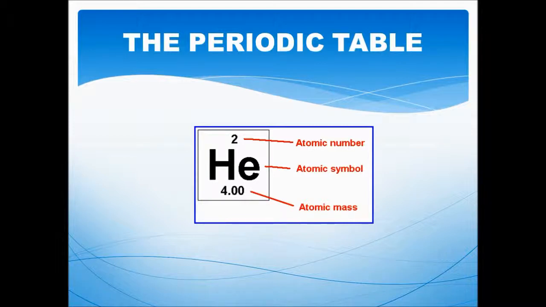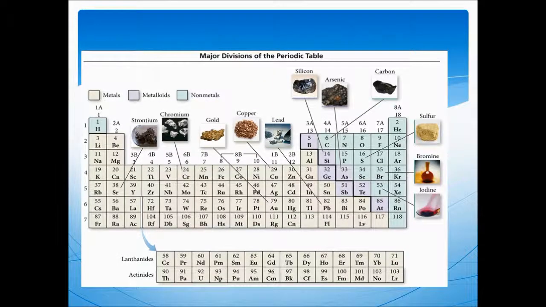So the periodic table lists the elements, and each element is shown in the periodic table with the atomic mass, the atomic symbol of that element, as well as the atomic number for that element. The periodic table lists all the elements in order of increasing atomic number.